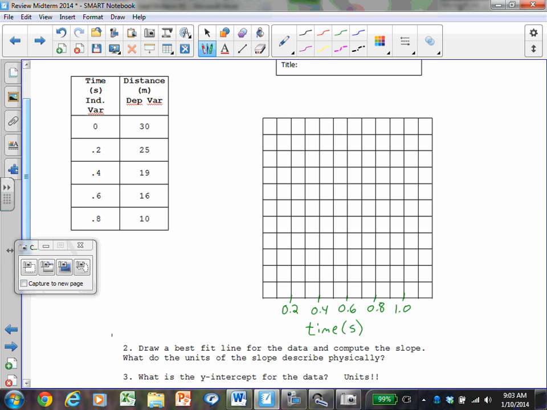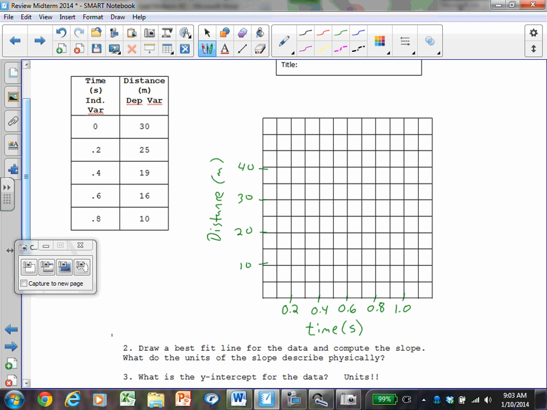Let's do 10, 20, 30. I probably could have extended it, but that's okay. And that's distance over here. What's our symbol for distance? S, right?